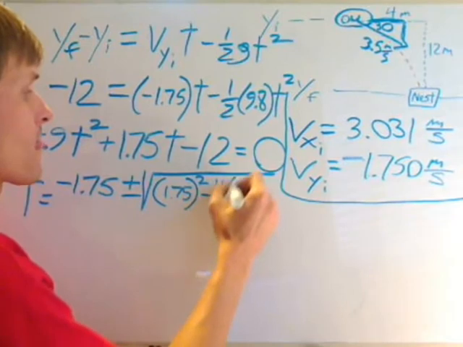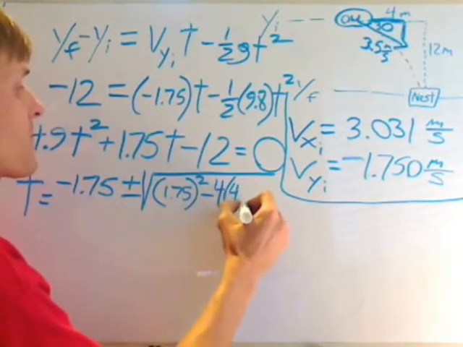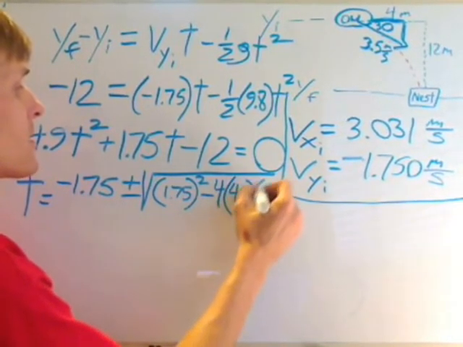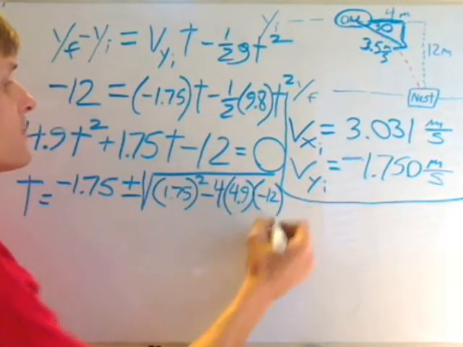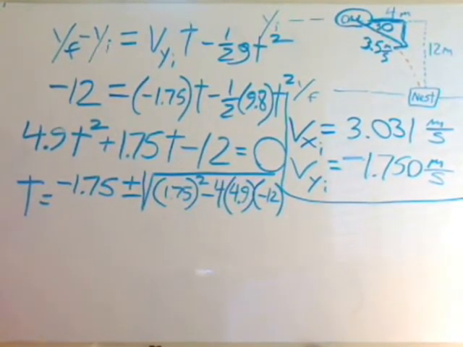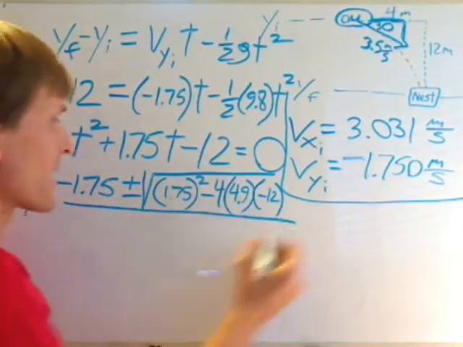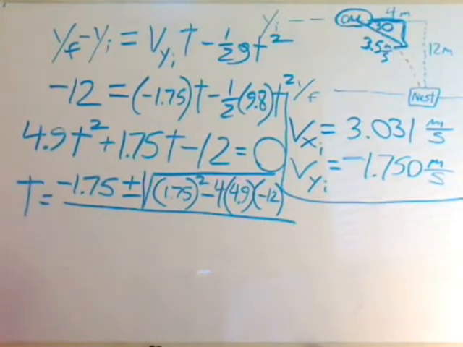So 4 times 4.9 times minus 12. Okay, and that's all divided by 2 times a, which is 4.9. So 2 times 4.9.